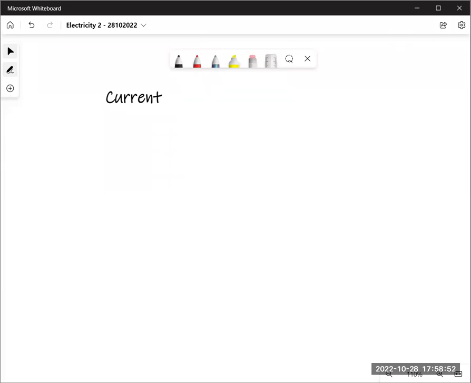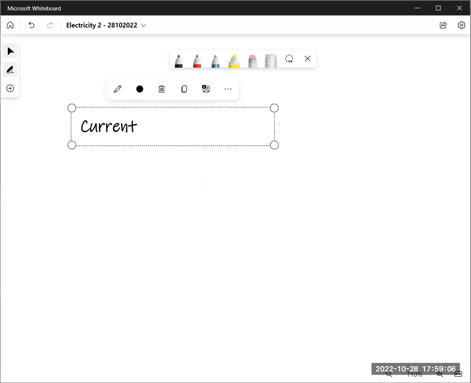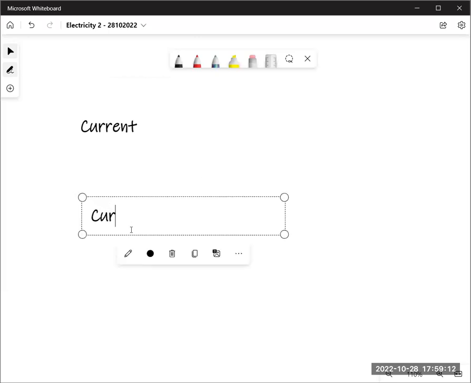Current, just write the definition first. Write the definition for current. Current is the flow of charge.